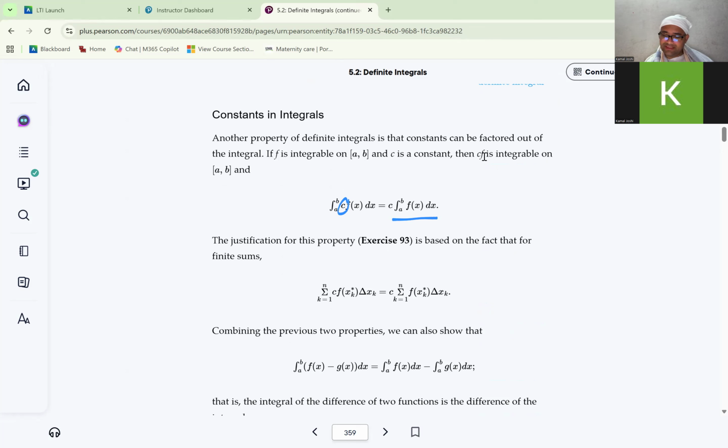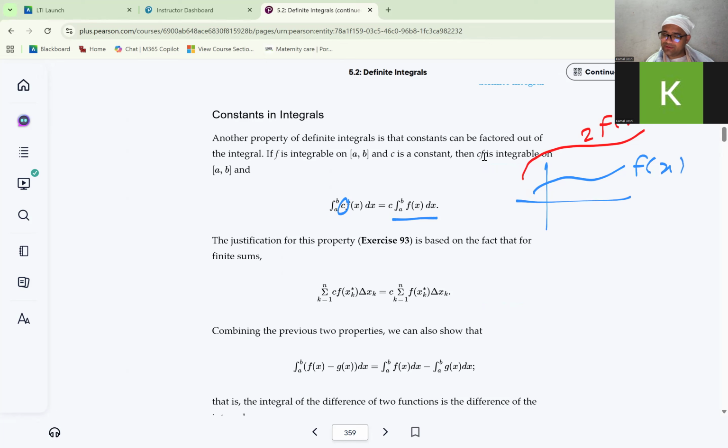Because basically, if I'm integrating this function f of x, what will my function 2 times f of x be? It would be this. It will only multiply the y values of the function by 2.